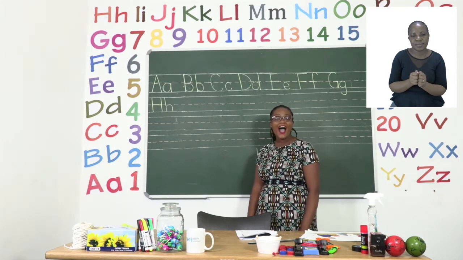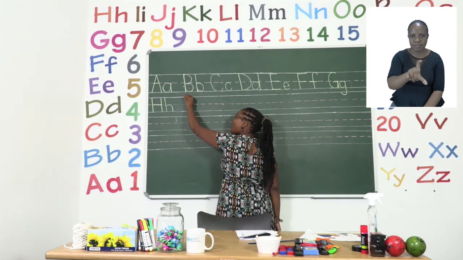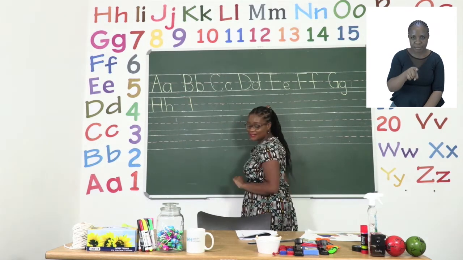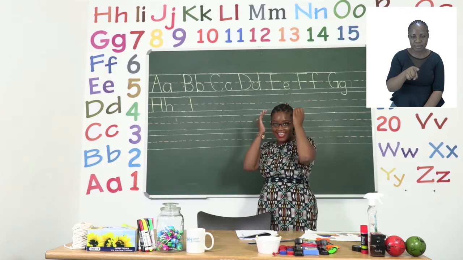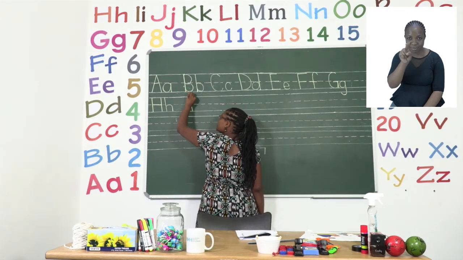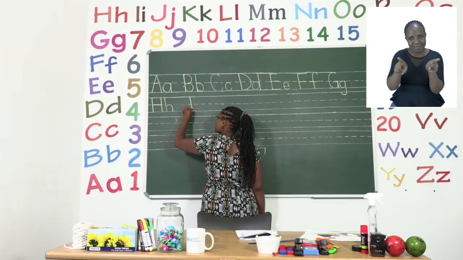We have I. Now I, capital letter I, goes right down, and sometimes it has its head and its shoes. So we are going to put its head and its shoes.